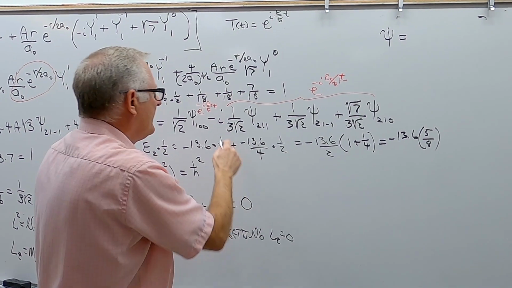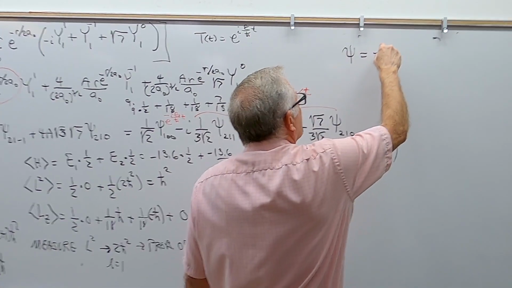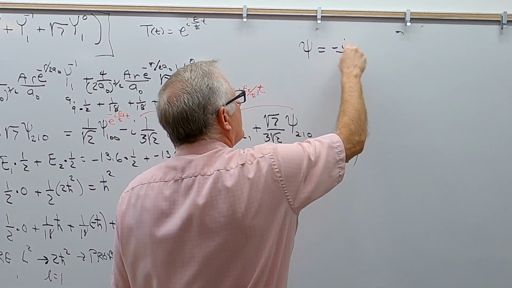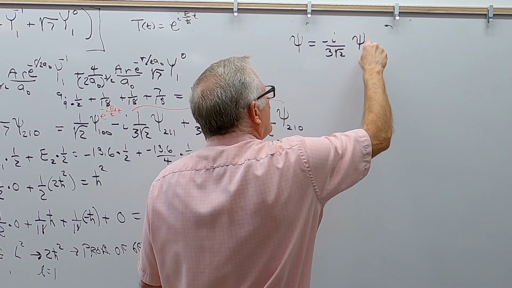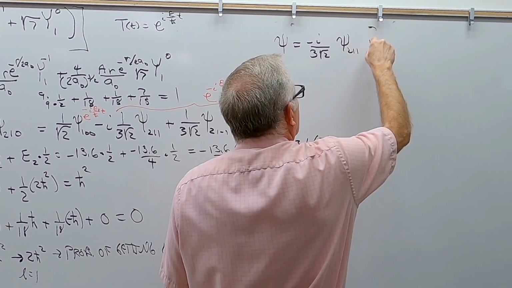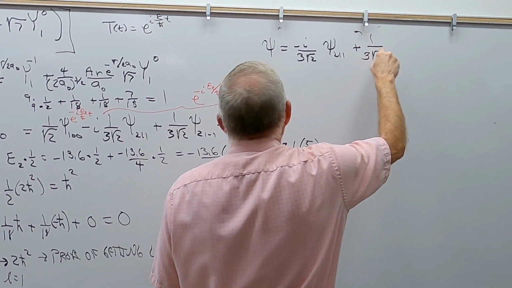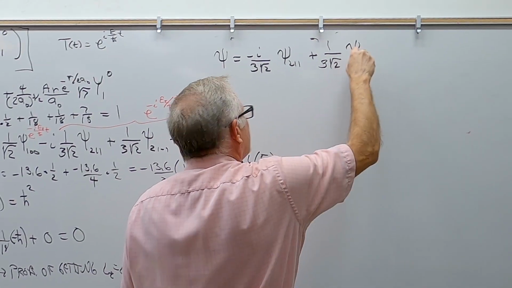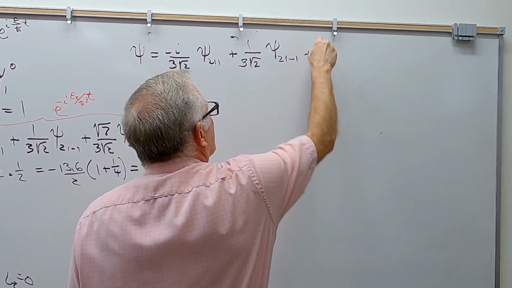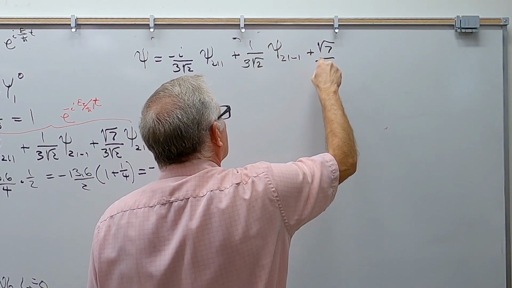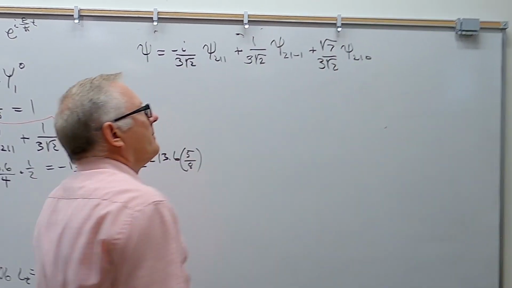So all we get is minus i over 3 square root of 2 psi 211 plus 1 over 3 square root of 2 psi 21 minus 1 plus the square root of 7 over 3 square root of 2 psi 210.